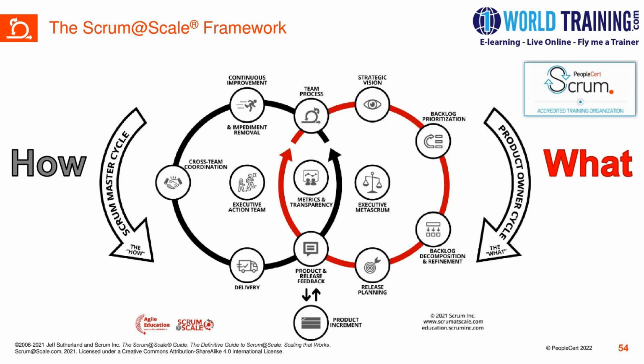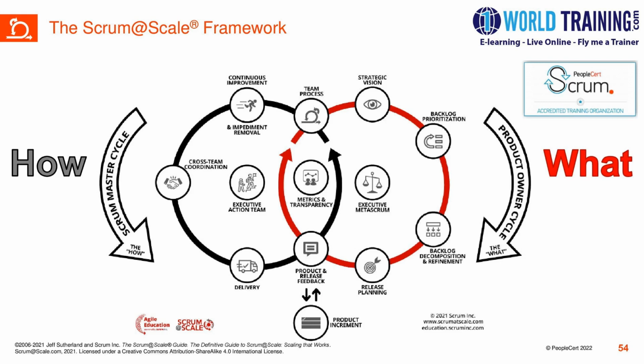These two cycles, as we talked about, intersect at two points: the team processes, which are followed by both the what and how cycles, and the product and release feedback. When you are doing the release planning, you should always think about how the product increments will be released to the customers. The common intersection area between these two cycles is called metrics and overall transparency.